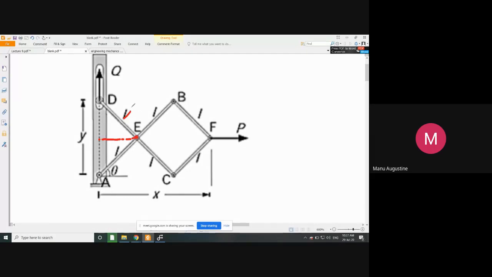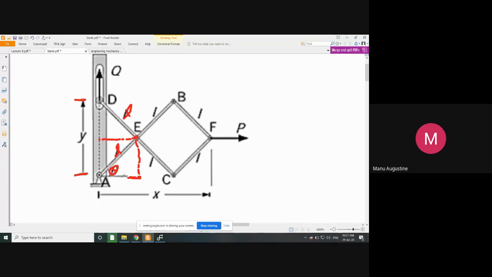See, this is again L, this is again L, this is theta. So tell me, what will be the value of y in terms of L and theta? Anybody, please make a calculation on your own and tell me. It's simple geometry. 2L sin theta. Yes, very good. See, if you look at this construction, if you use a little bit of logic, this is theta, this is L, right?